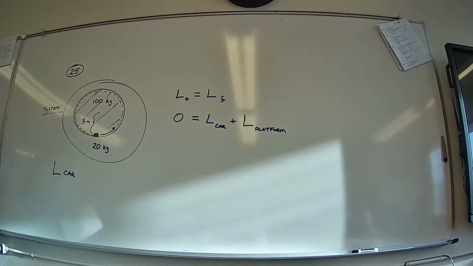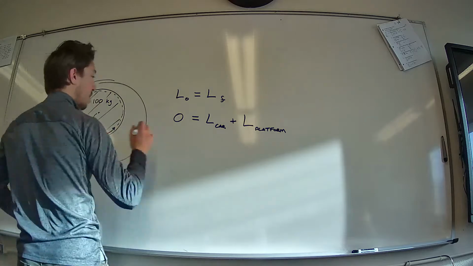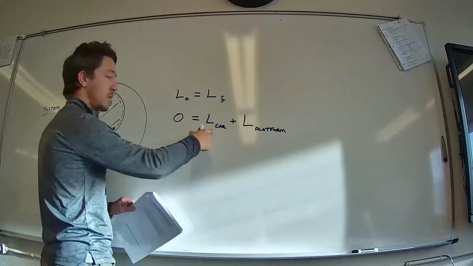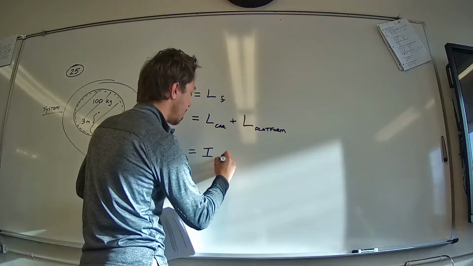Right? That make sense? They each contribute to the system. So the L for the car, now remember, we are treating him like a point mass. So here, I'm gonna show my work.